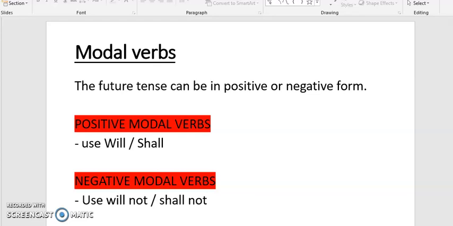While for negative modal verbs, we use will not and shall not. You can see clearly that for negative modal verbs, we just add not. So automatically, the sentence will be in negative form.